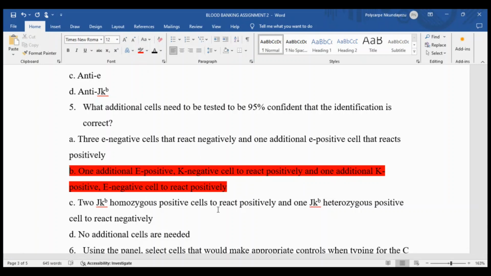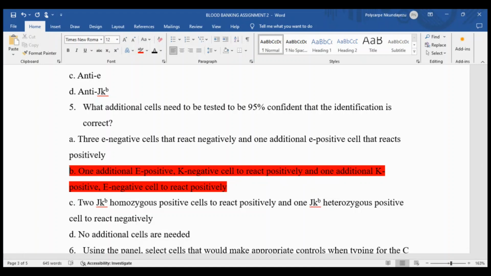So we're going to confirm the presence of capital E, and also one additional K positive and E negative cell to react positively. So here we are going to confirm the presence of antigen K, right? So that's how we could answer this question.